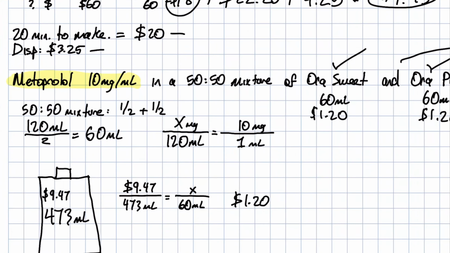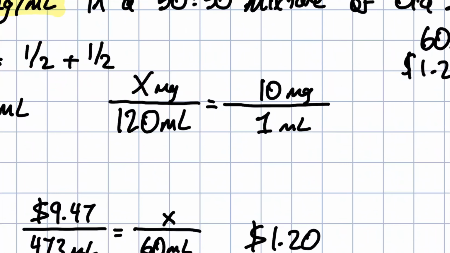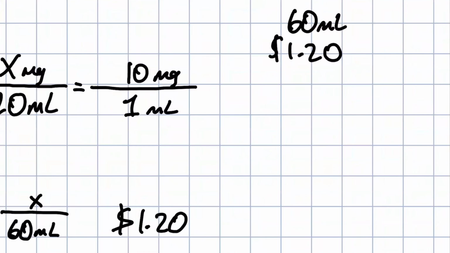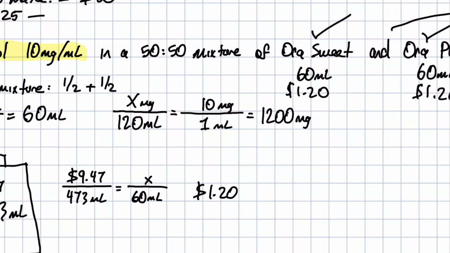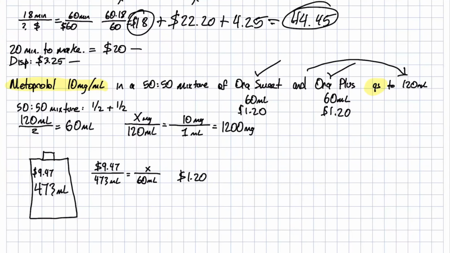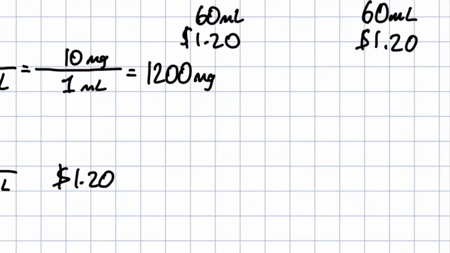The entire product is going to be 10 milligrams per mil. So this calculation right here will give you the exact milligrams in your 120 ml bottle. So 120 times 10 divided by 1 is 1,200 milligrams. So that means for your entire 120 ml bottle, you need 1,200 milligrams of metoprolol.